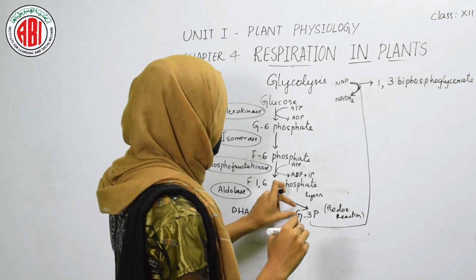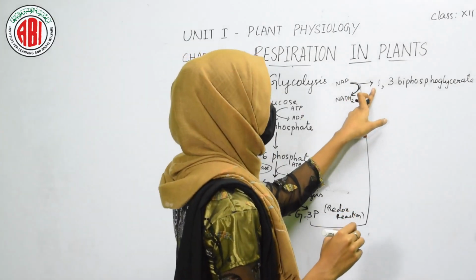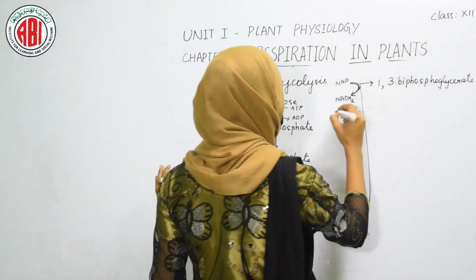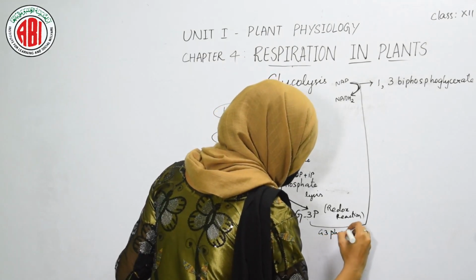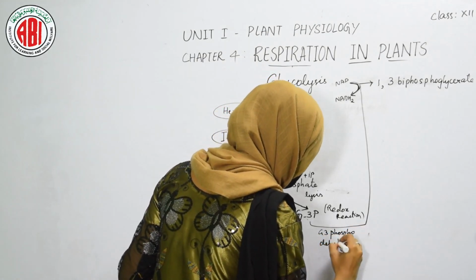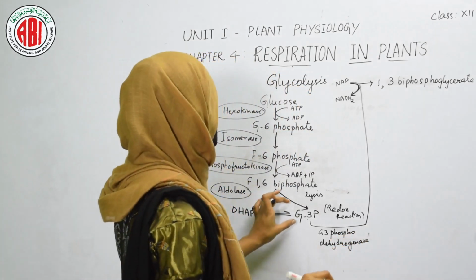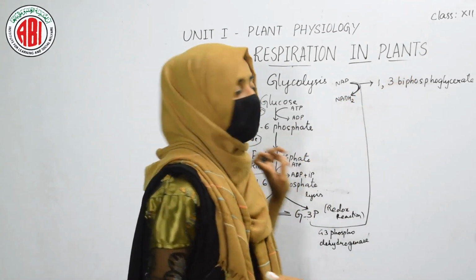Here, the conversion of glyceraldehyde 3-phosphate into 1,3-biphosphoglycerate takes place in the presence of an enzyme called glyceraldehyde 3-phosphodehydrogenase. This is an enzyme that is involved in the conversion of glyceraldehyde 3-phosphate to 1,3-biphosphoglycerate.